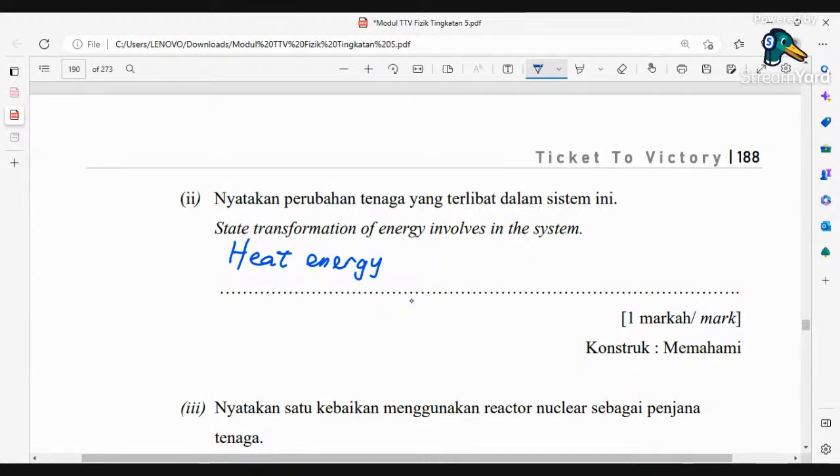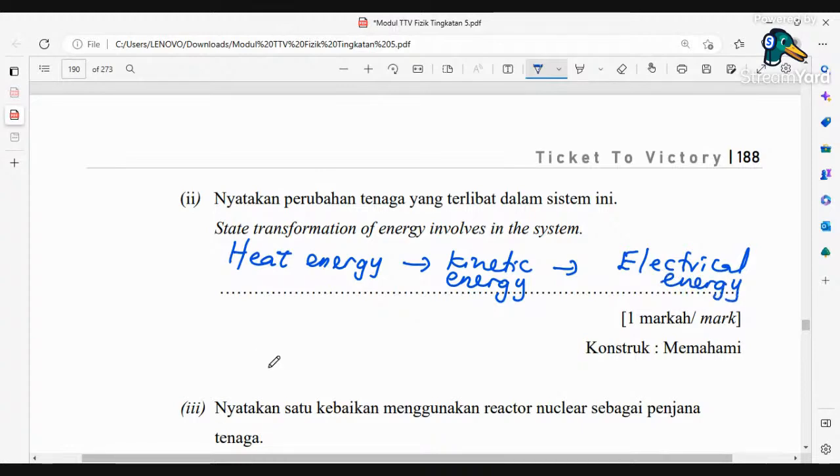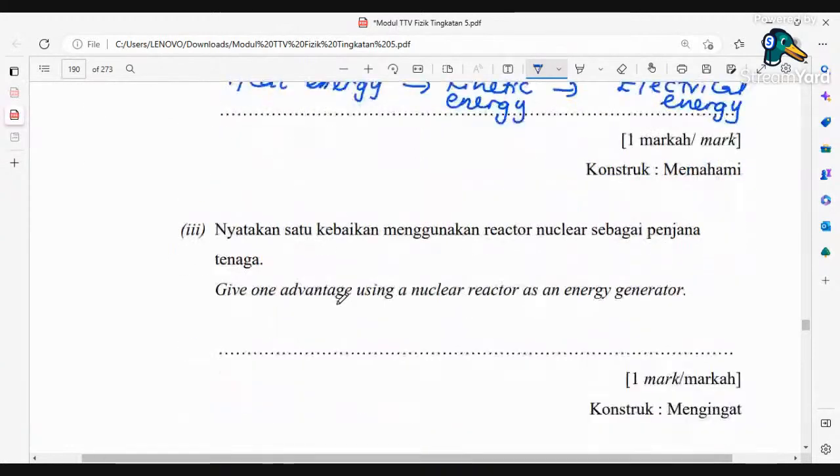The turbine will cause the coil to rotate in the magnetic field and produce current or induced EMF by induction. Kinetic energy becomes electrical energy. This is what happens in a nuclear reactor.